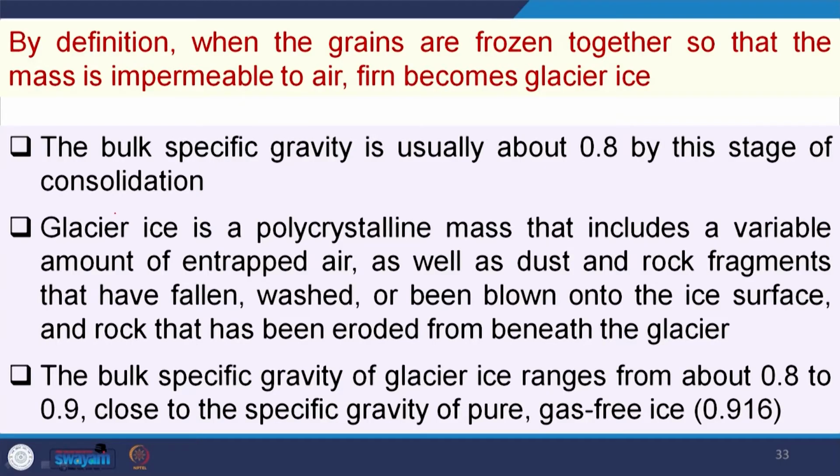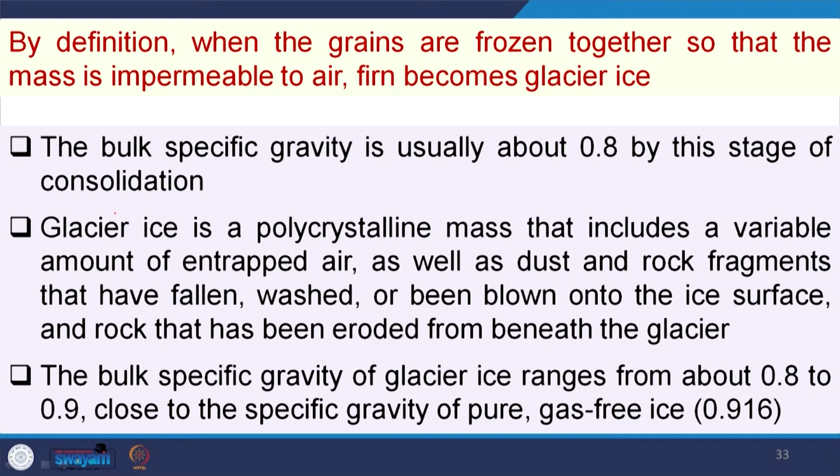By definition, when the grains are frozen together so that the mass is impermeable to air, firn becomes glacier ice. The bulk specific gravity is usually 0.8 by this stage of consolidation.